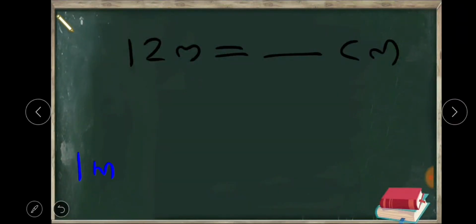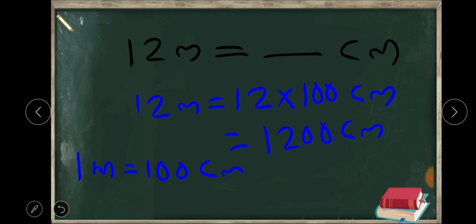We know that 1 meter is equal to 100 centimeters. So we can say 12 meters is equal to 12 into 100 centimeters, that's equal to 1200 centimeters.